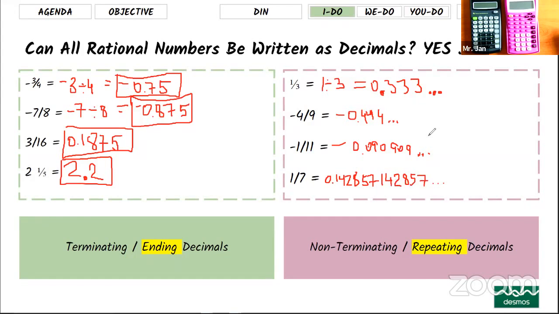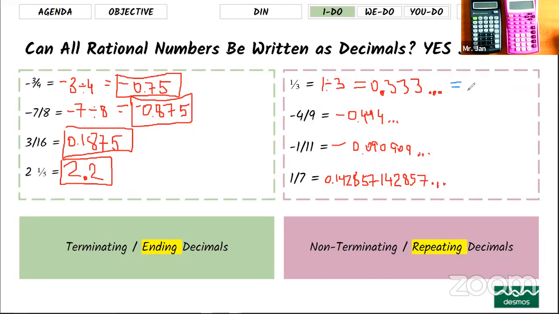But there is an easy way to rewrite this kind of number, and that is putting a dash on top of the number. Let me show what I mean. So let me use text this time. Instead of writing 333 forever, let me use this one again because I cannot draw a dash.